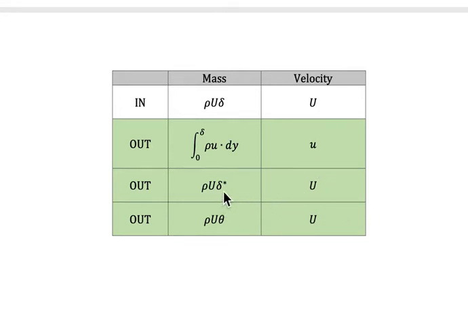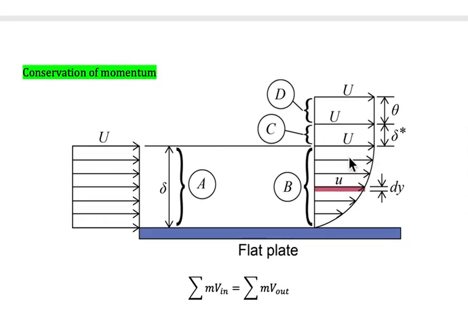Here, rho U delta star is the mass for the rectangular area that has thickness of displacement thickness, and this is the mass for the rectangular area that has thickness of theta.